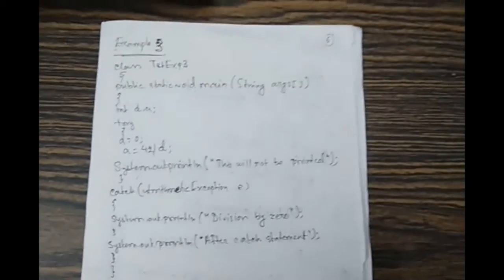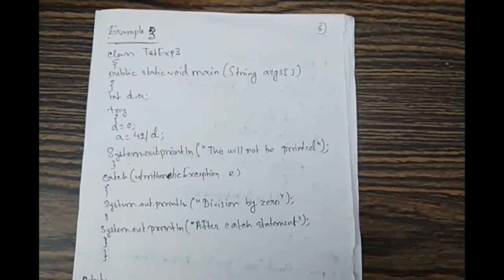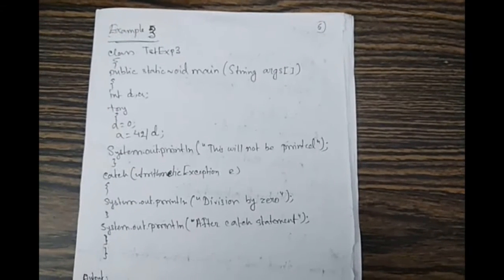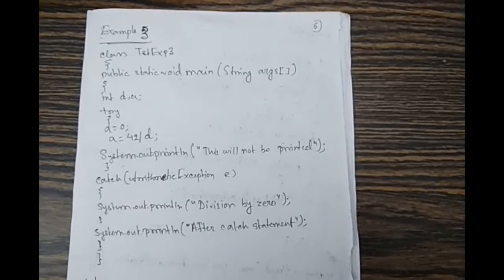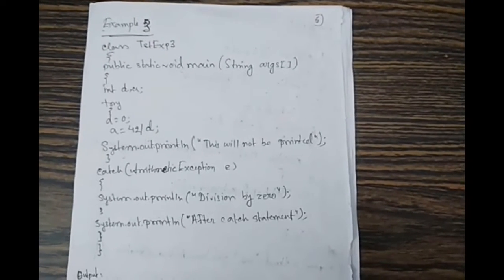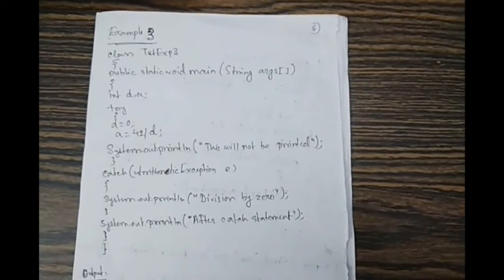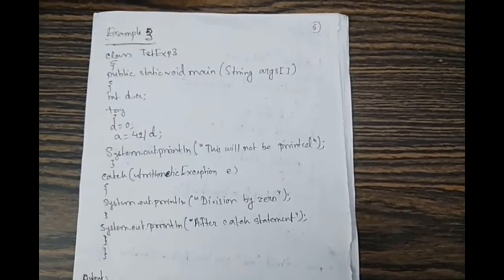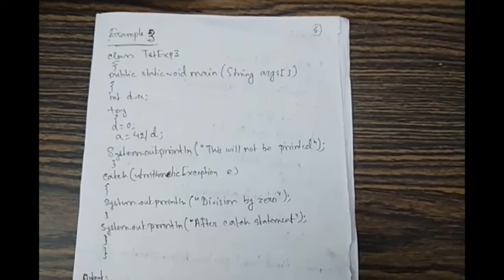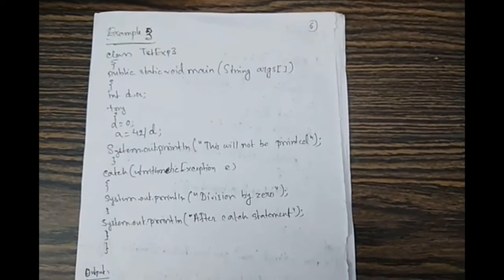Now we come to the next example of exception handling. Here we use the concept of try-catch block. In the previous class we know that the try block is a block where some statements are there which may cause some exception.